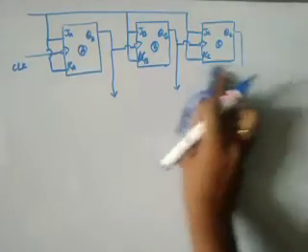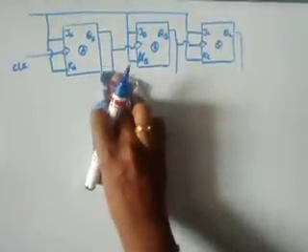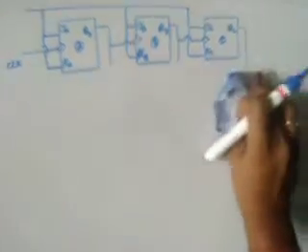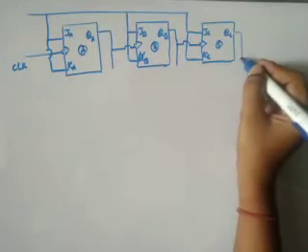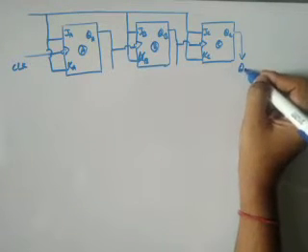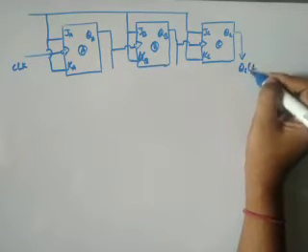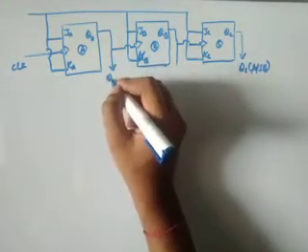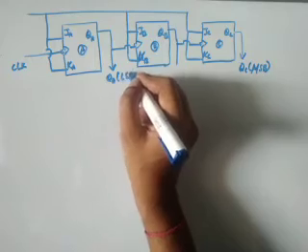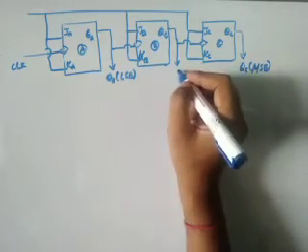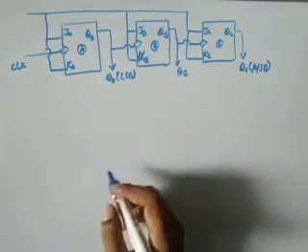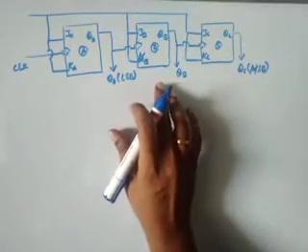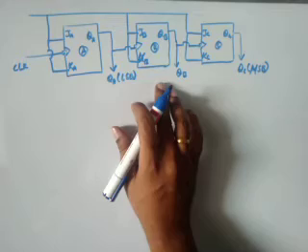I want some space because we need to draw the clock diagram. QC will act as the MSB, QA will be the LSB, and in between is the middle bit, QB.